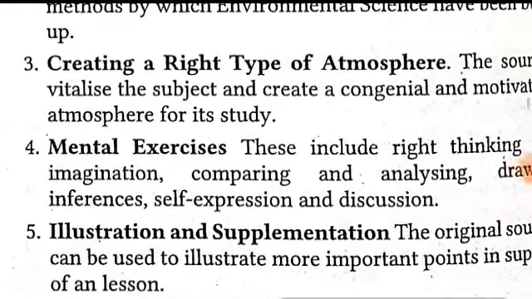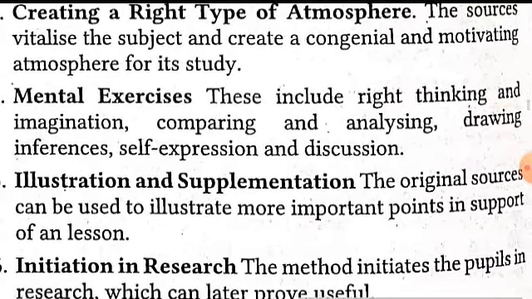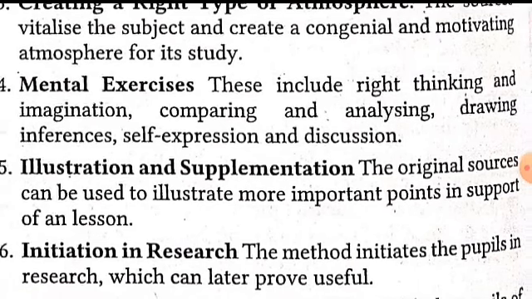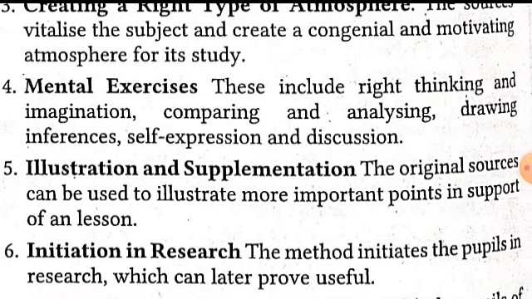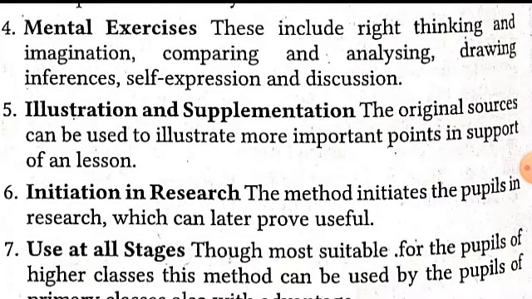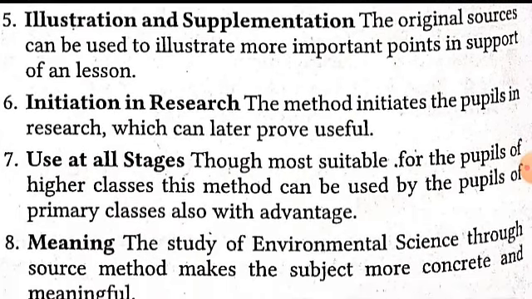Fourth one is mental exercises. These include right thinking and imagination, comparing and analyzing, drawing inferences, self expression, and discussion. Fifth one is illustration and supplementation. The original sources can be used to illustrate more important points in support of a lesson. Sixth one is initiation in research.